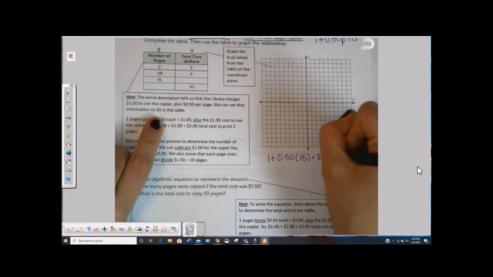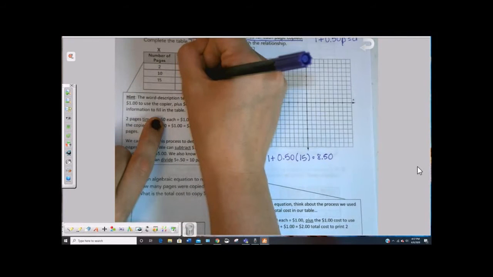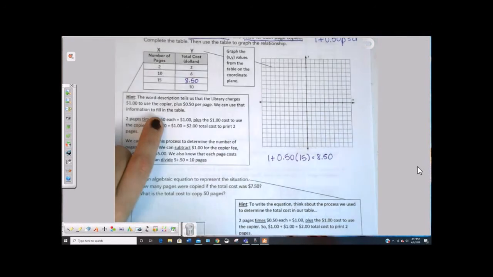And when you do that, you get 8.5. But remember, we're talking about money because it's total cost in dollars, so you get $8.50. So it costs you $8.50 to copy 15 pages.